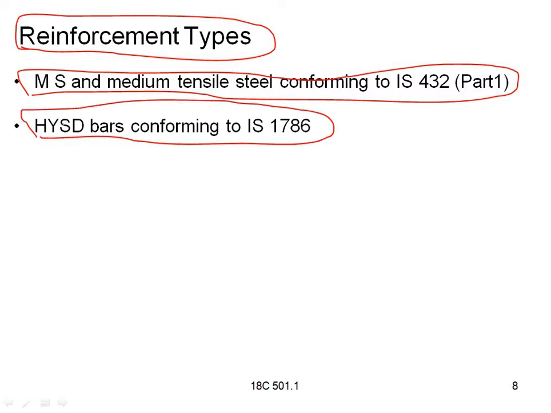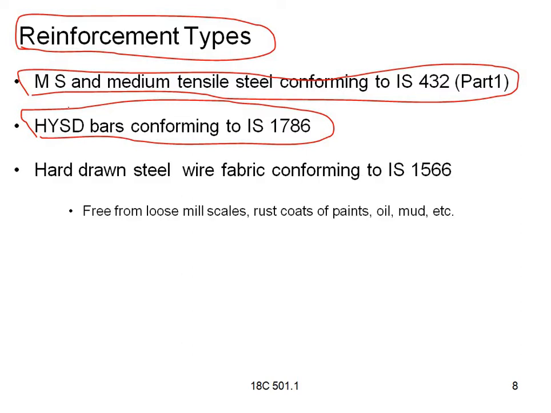High yield strength deformed bars. MS means mild steel. HYSD means high yield strength deformed bars. Comparing mild steel and high yield strength deformed bars, mild steel bars will be of plain, smooth type.